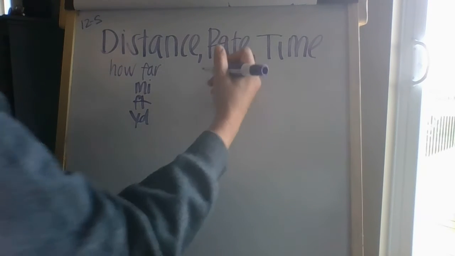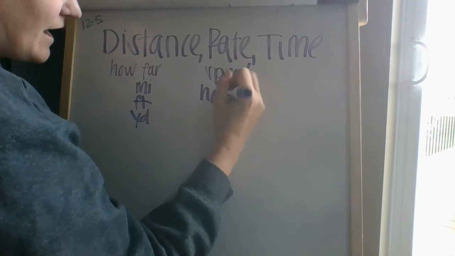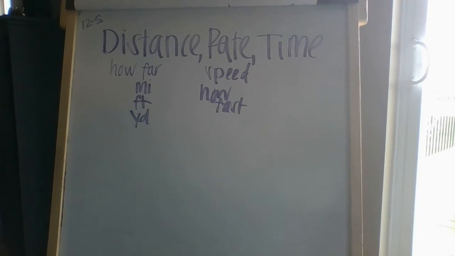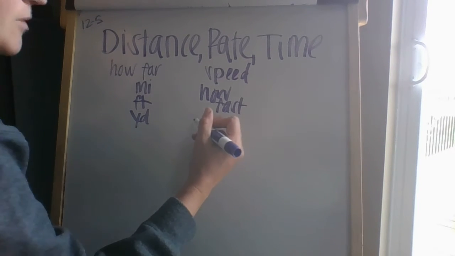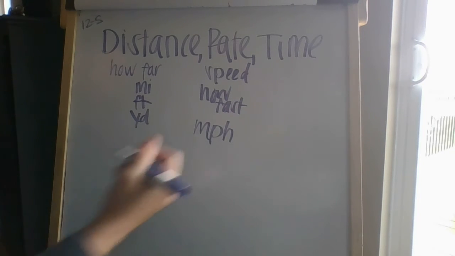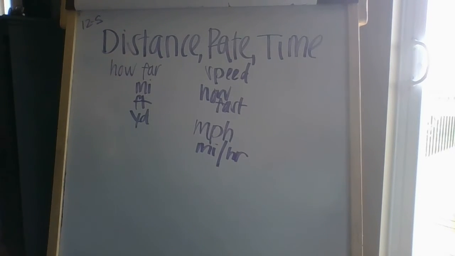Rate, you also might see the word speed. Here we're taking a look at how fast or how slow you're going. For this one, the label has two parts. The one that you're going to be seeing most often is mph, or you also might see miles per hour.